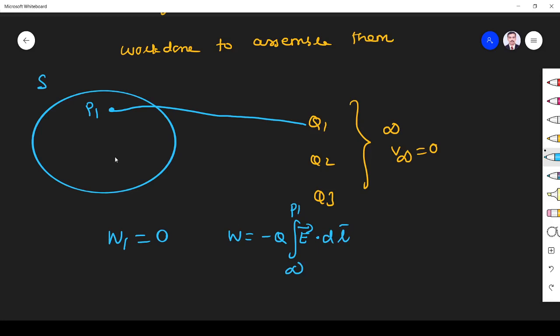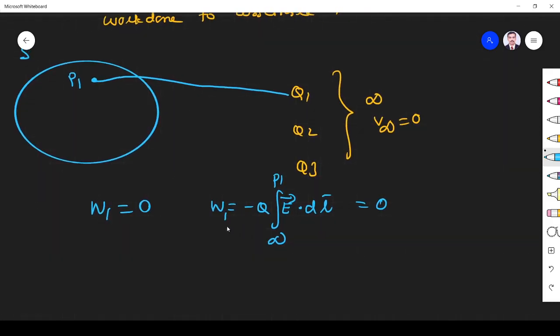Since this is initially free space, the electric field is not there, because there is no charge, there is no field. So E is 0, W1 is equal to 0. Moreover, since there is no charge, there is no field, so there is no force here. So we don't need to give any opposing force to move it. So work done is 0, proved mathematically and conceptually.